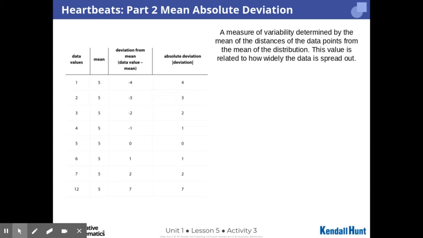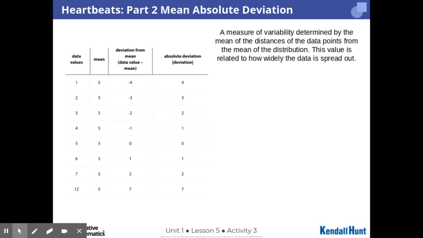So this is kind of a long process and it takes a little bit of time, but it is basically a value to tell us how widely spread out the data is.